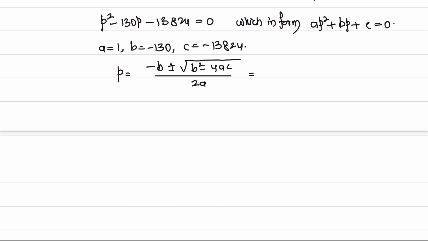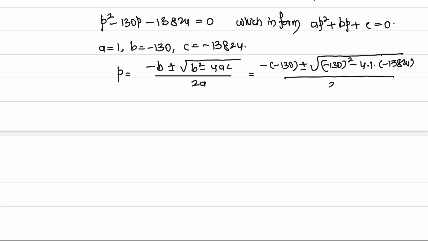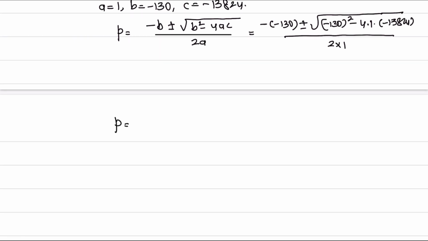What is minus b? b is minus 130. Minus of minus 130 plus or minus square root of minus 130 whole square minus 4 into a is 1 into c is minus 13824, whole divided by 2 into 1, which gives the value p is equal to plus 130 plus or minus square root of minus 130 whole square, which is positive, 130 into 130 is 16,900.